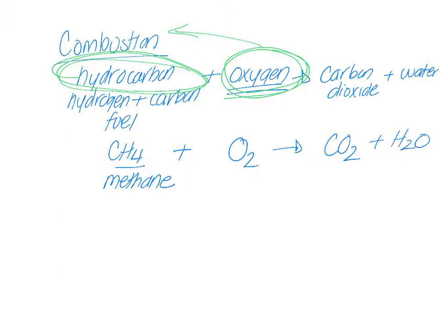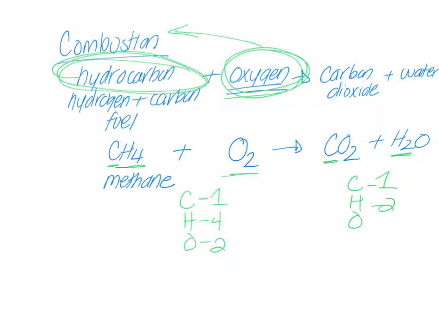Okay, and all I have to do is balance them out. So I'm going to write C, H, O. If I count over here, I have 1 carbon, 4 hydrogens, and 2 oxygens. If I count here, I have 1 carbon, 2 hydrogens, and 3 oxygens.